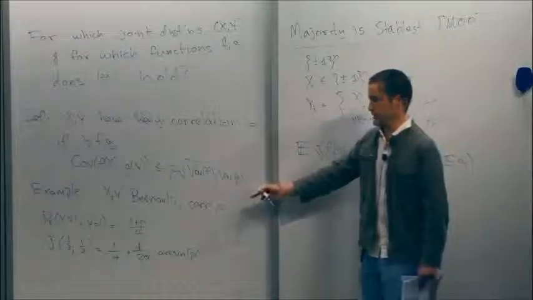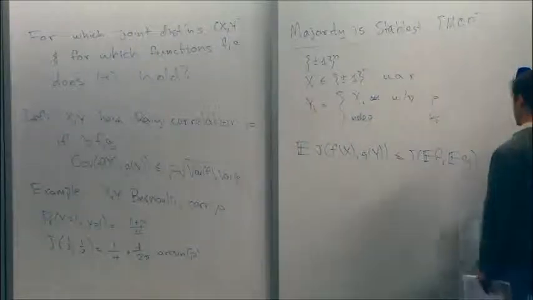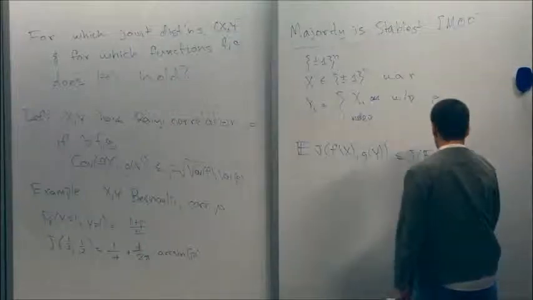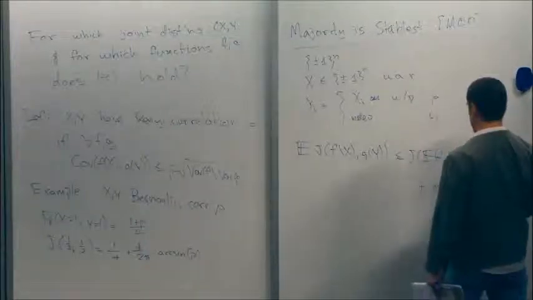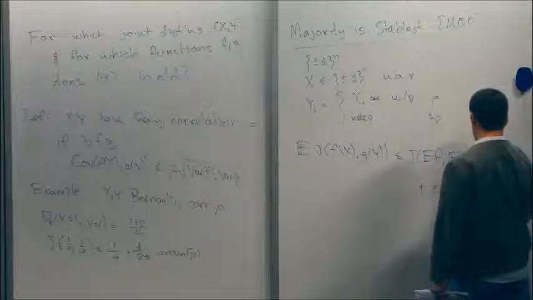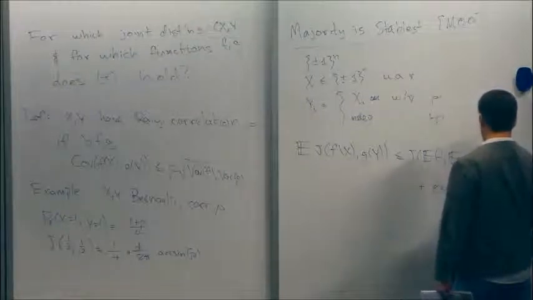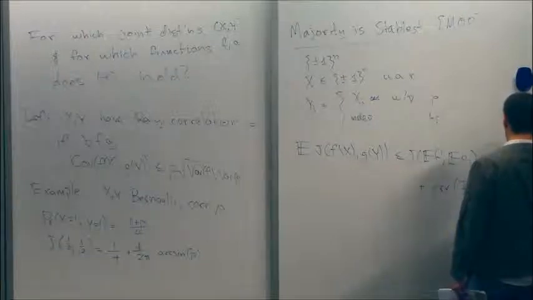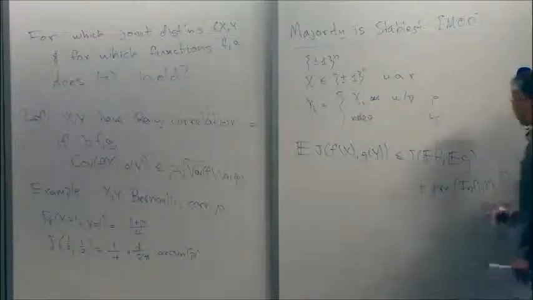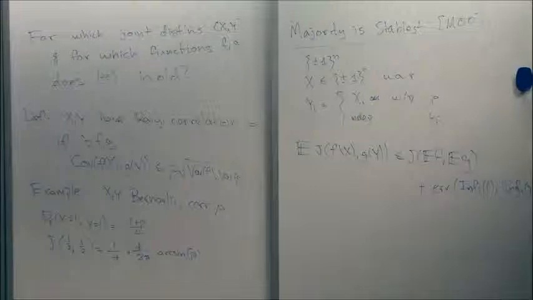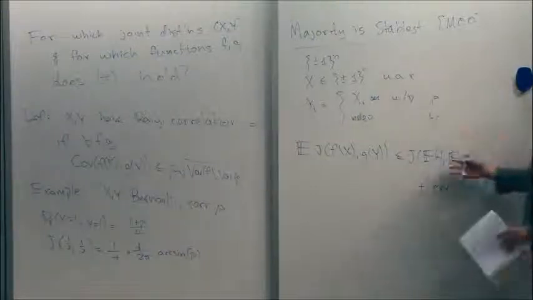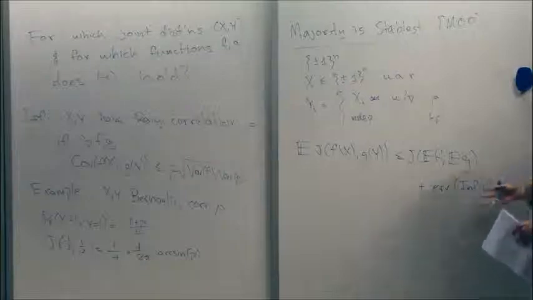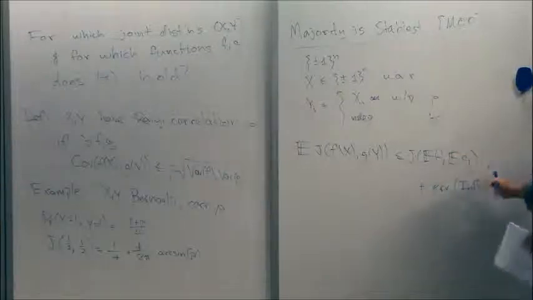I can just look at functions of the first bit and it won't be true, but it's true if I add an error term to the right-hand side. And the error term depends on the influences. I don't really want to define influences if you don't know what they are, but basically, if f and g don't depend on any one bit too much, then this inequality is true.